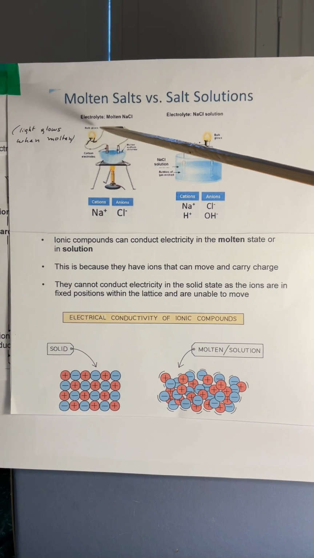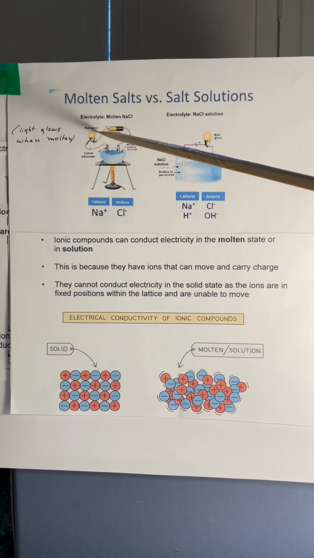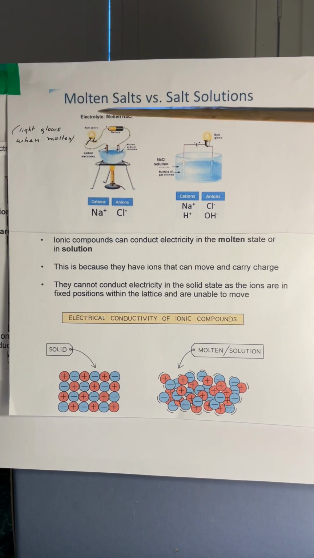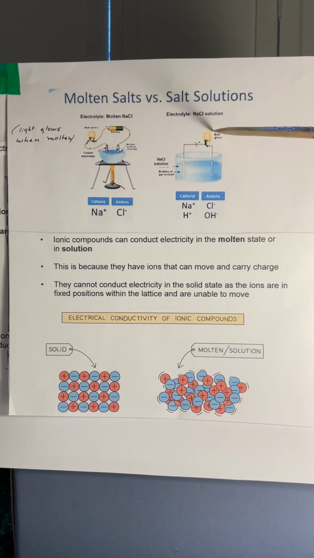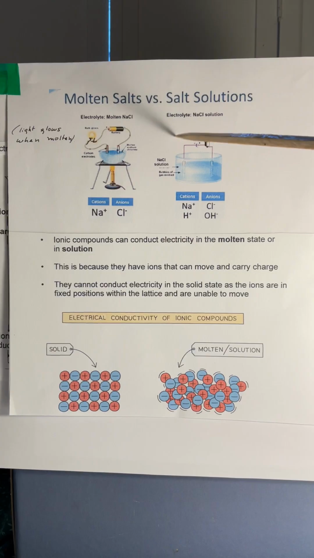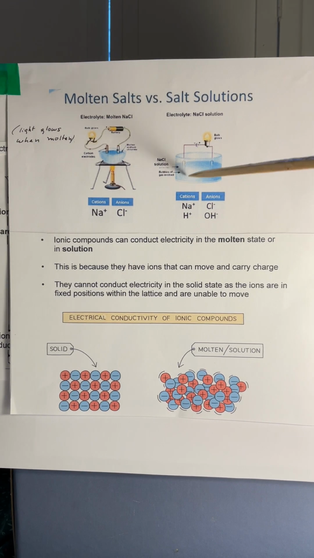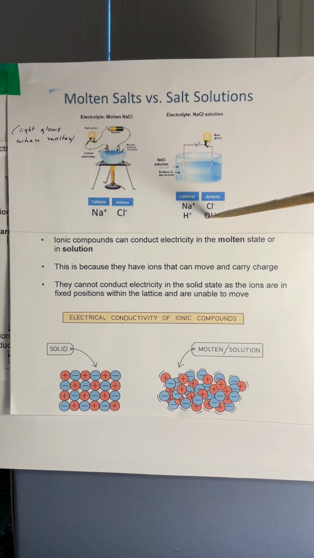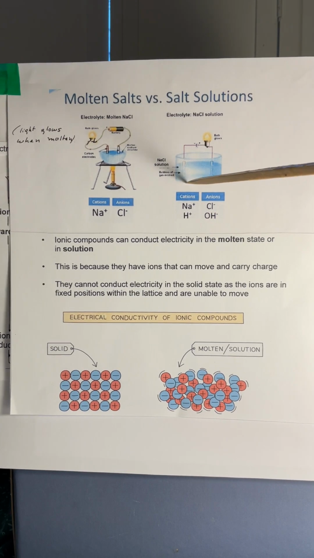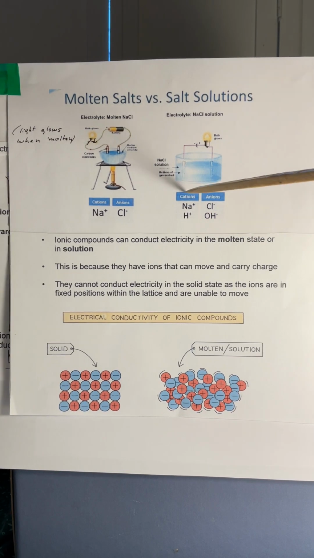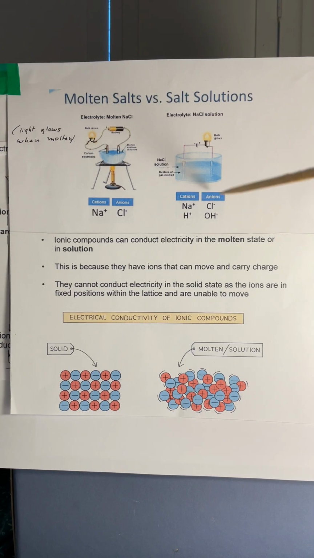If this is cold, there is no light. The light is just to see that there is a circuit that is complete. While if the salt is in solution, there are ions that come from the salt plus the ions that come from water. So when the electrolysis happens, it's all these ions that participate.